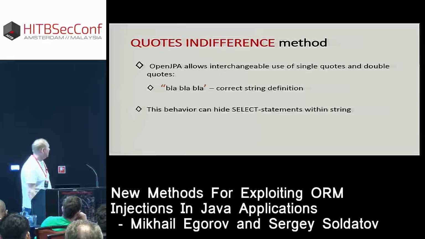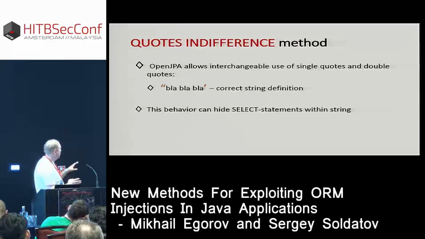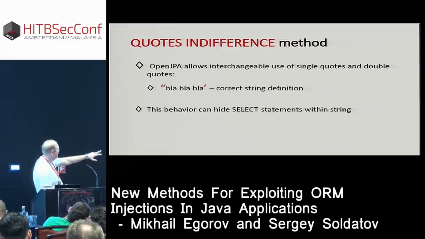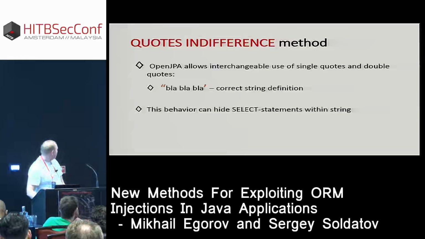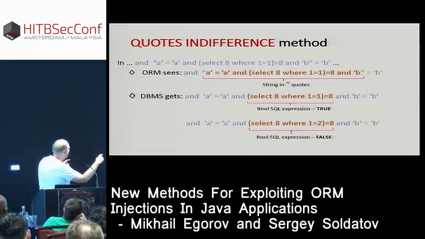The problem here is that it allows delimiting strings with different kinds of quotes. So for example, you see on the slide a string that starts with double quotes and ends with single quotes, and this is a correct string definition. And of course, this can be exploited, and the exploit looks like this. The ORM sees in this line a string in double quotes with single quotes inside it.